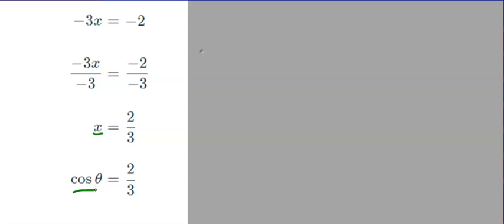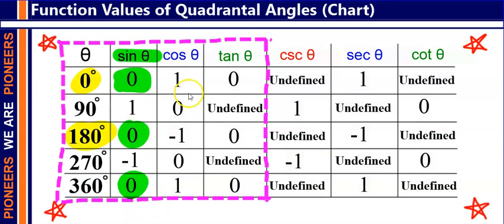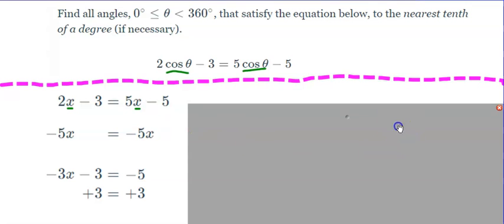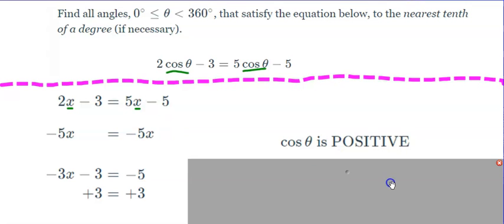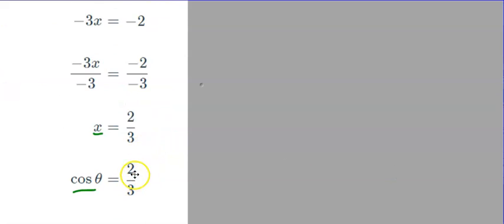So there is our trig function isolated by itself, equal to a value. Now our goal again is to find the angle, so we're going to use the inverse cosine function, because 2/3 is not part of our chart. You don't see 2/3 anywhere on this chart. It's not one of our values. So we come back up here, and the first thing we want to identify is whether cosine is positive or negative, because that is really important.